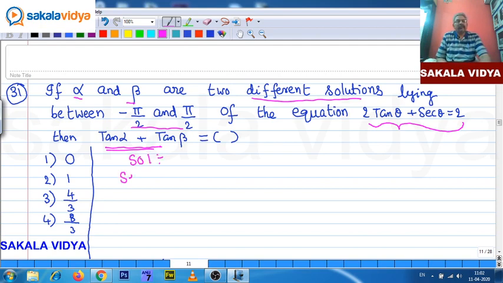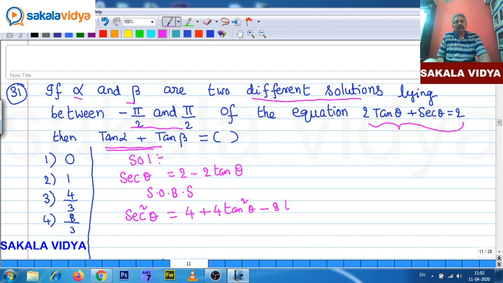Sec theta is equal to, we can write 2 minus 2 tan theta, squaring on both sides. So we get secant square theta is equal to 4 plus 4 tan square theta minus 8 tan theta.